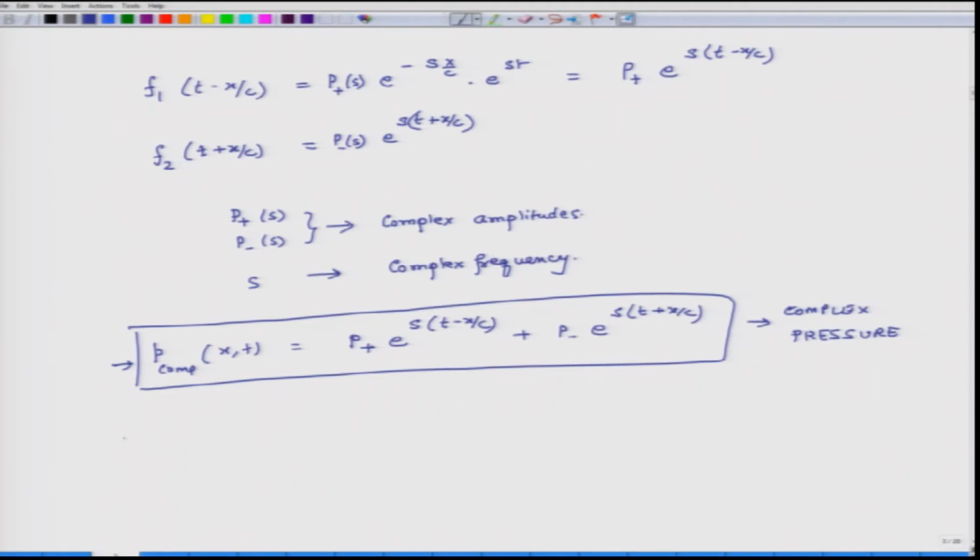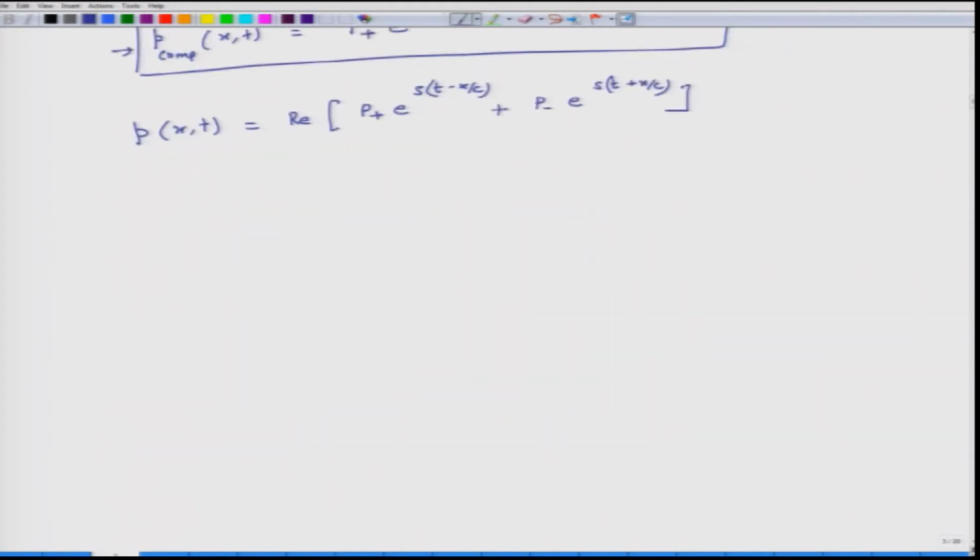So, if I have to find the real value of this, basically I take the real value of the right hand side. So, I will call this p x t, equal to real of p plus e to the power of s t minus x over c plus p minus e to the power of s t plus x over c. So, this is my relation for actual pressure.